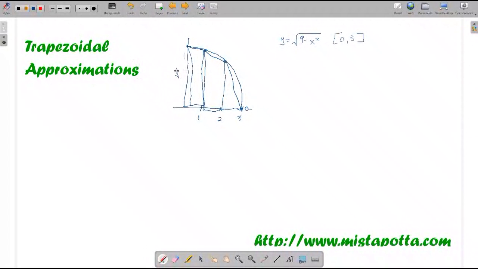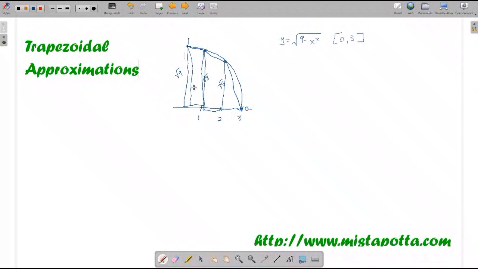Remember, this is the square root of 9, this is the square root of 8, and this is the square root of 5. So these are my lower bases of each of my trapezoids. And the square root of 8, square root of 5, and 0 are the upper bases of my trapezoid.